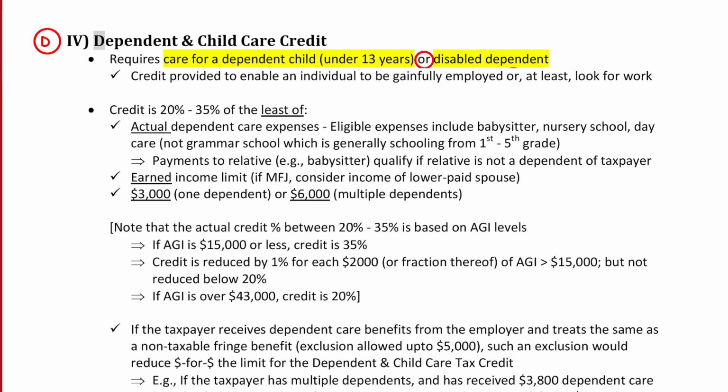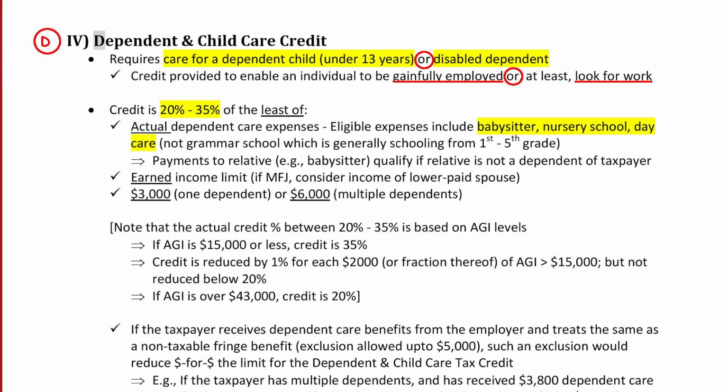This credit is provided to enable an individual taxpayer to be gainfully employed, or at least look for work. The credit is 20% to 35% of actual dependent care expenses, where the eligible expenses include babysitter, nursery school, daycare, not grammar school.